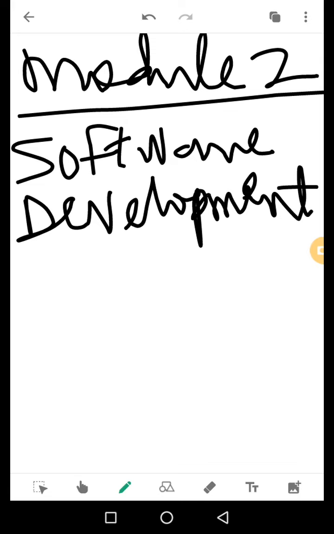Then the developer will ask himself now, what will be the output that is expected of the software? How should the output be displayed? Who should use the software? That is, the expected users of the software.